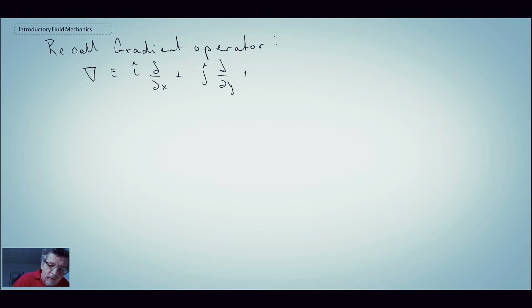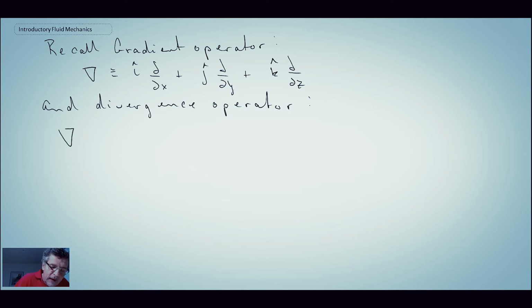So if you recall, gradient was defined as being this, and for divergence, what we had was del dot some vector.